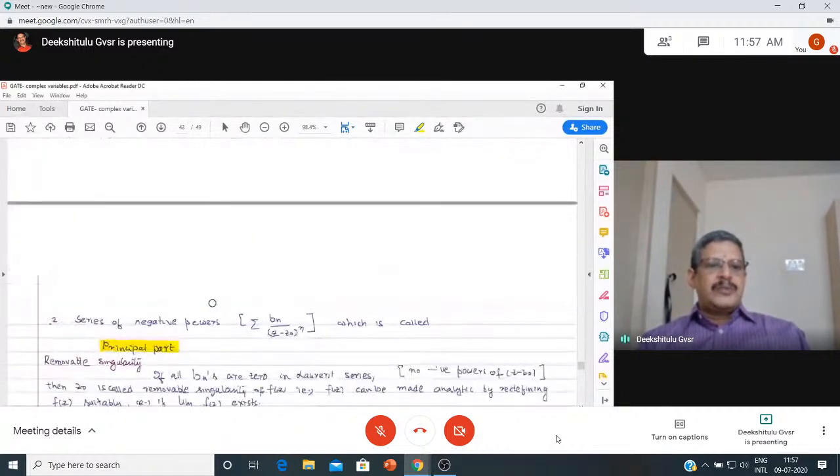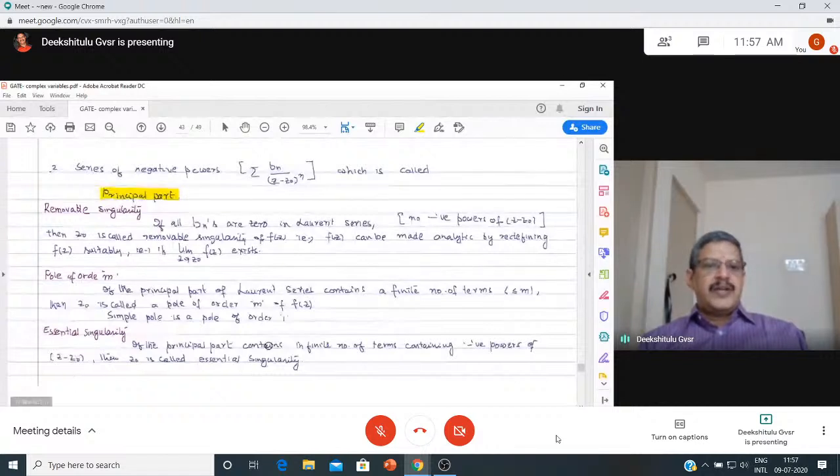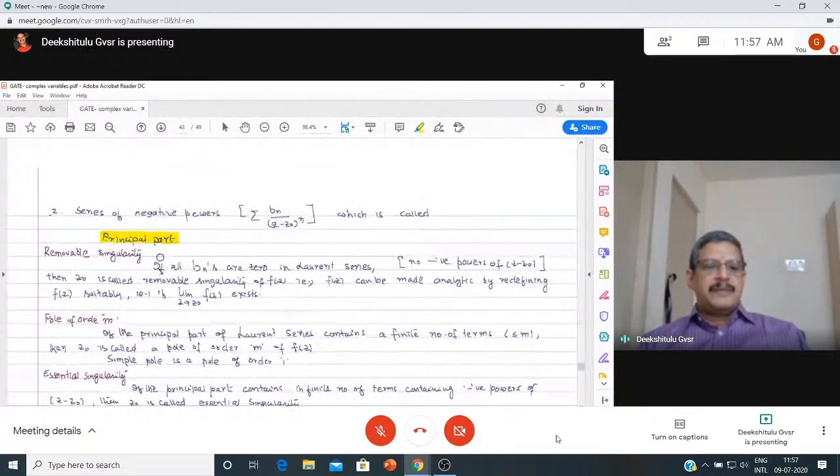So in the classification we have removable singularity, poles, and essential singularity. Then what is a removable singularity? If all the Bn's in the principal part are 0, with no negative powers of z − z0, then z0 is called a removable singularity of f(z). f(z) can be made analytic by redefining it suitably if the limit as z goes to z0 of f(z) exists.